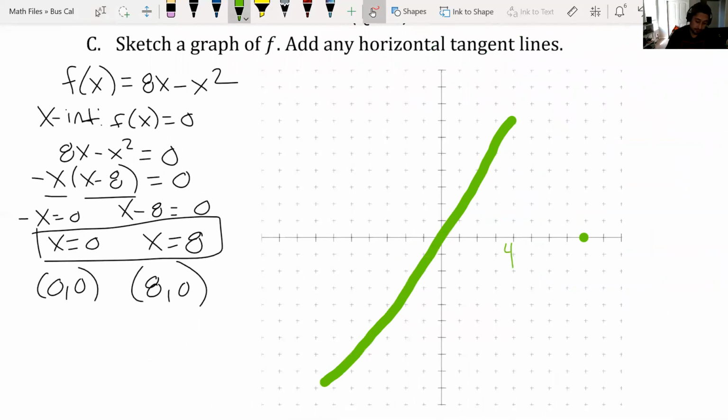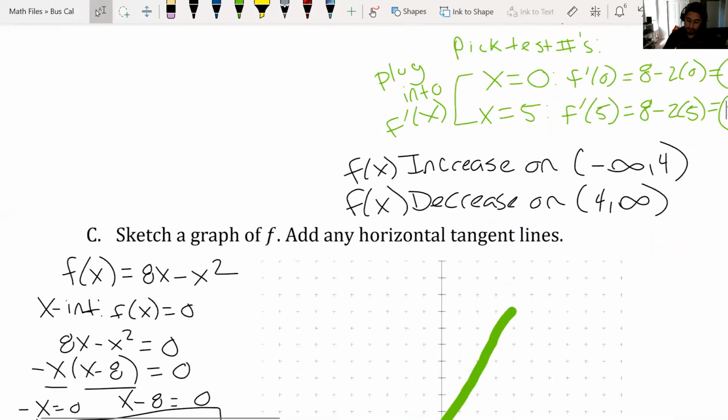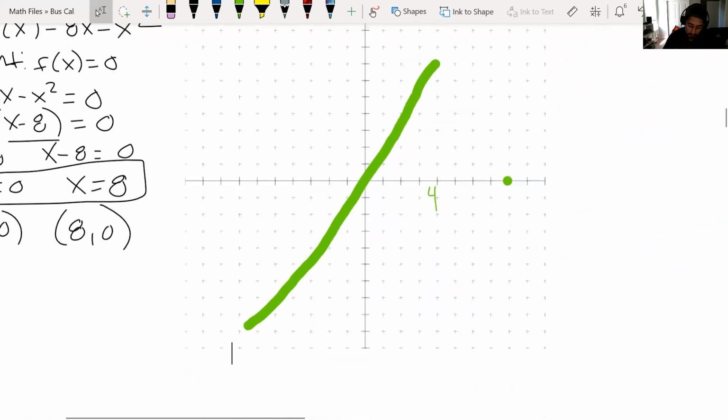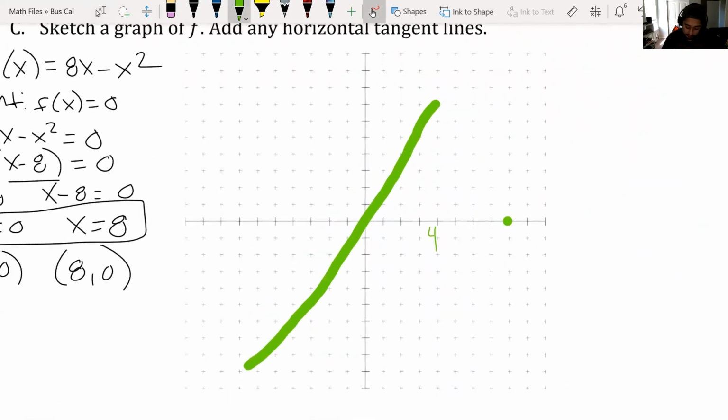And then from 4 to infinity, the original function is going to decrease. And that's it.